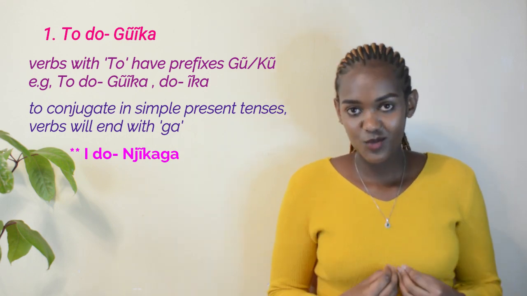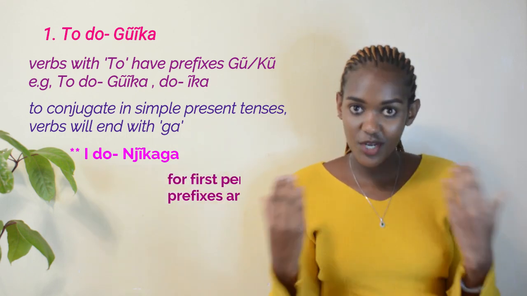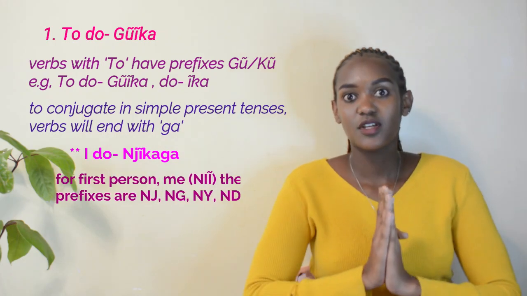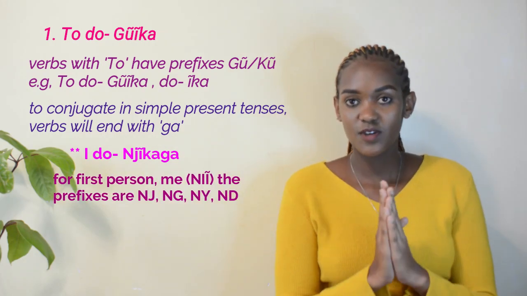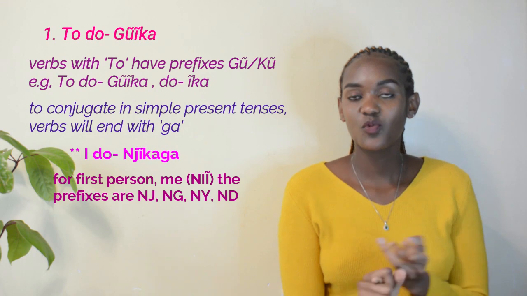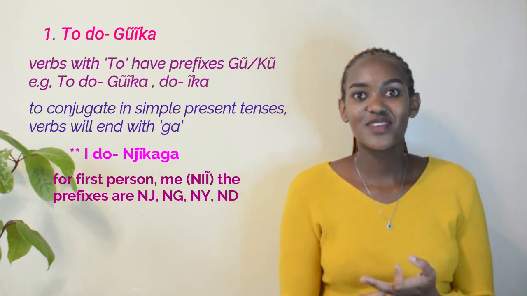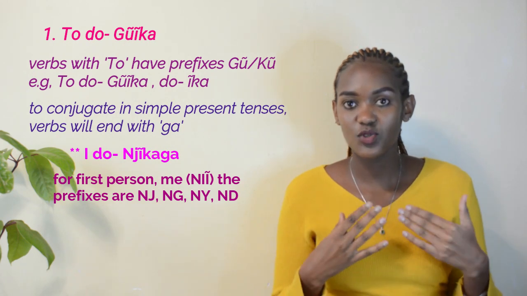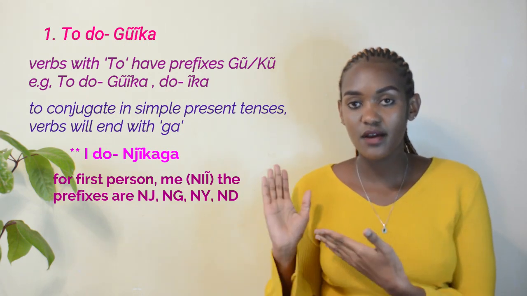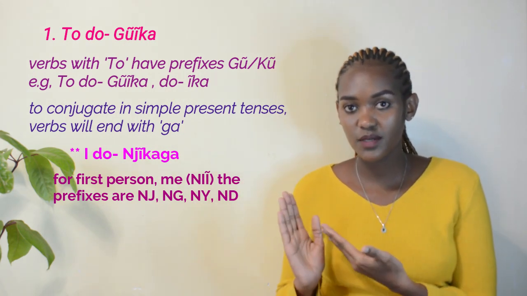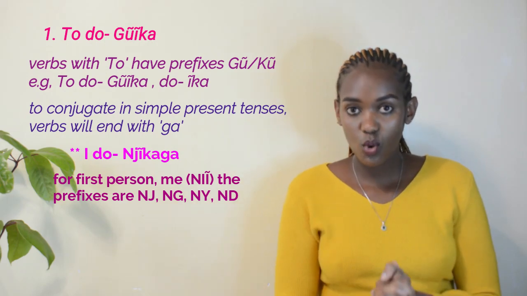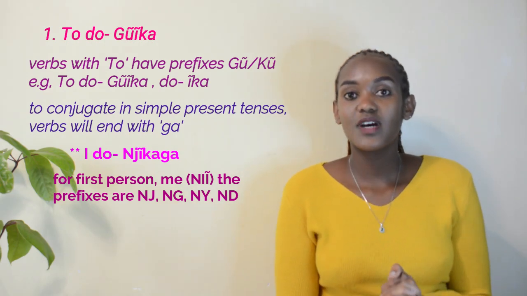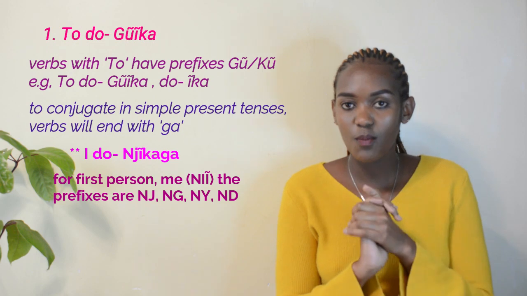So when I am talking about myself, or when you are talking about yourself, you are going to start these verbs with either nja, with either nya, with either nga. In most of the sentences, on most of the tenses, when you're talking about yourself, these are the prefixes for all our verbs. But there's also if the verb starts with combined consonants.